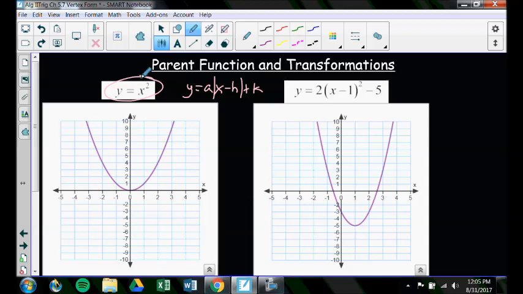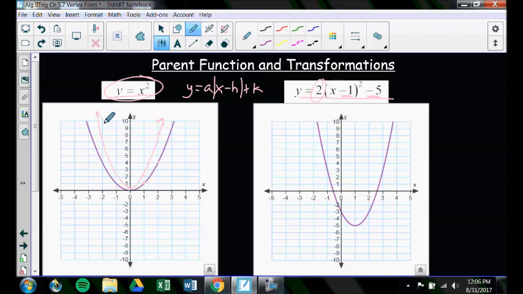So this parabola here, this equation, is going to manipulate this one by doubling all the y values, sliding everything to the right one, and sliding all the points down 5. We used to have 0, 0, and 1, 1. Well, 1, 1 will become 1, 2, and 2, 4 will become 2, 8. 0, 0 doesn't change because 0 times 0 is 0.